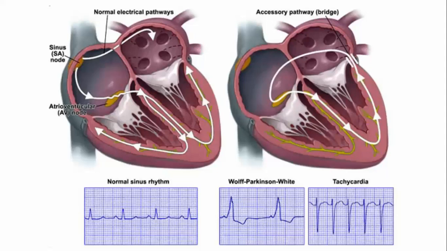So a lot of times we'll have these WPW people who are asymptomatic, and we also sometimes don't see it when they originally present. Like the dude in our presentation, who was presenting just for the commercial driver's license exam. But sometimes they present in the emergency room with tachycardia. So once that slows down, what you might see is the WPW.